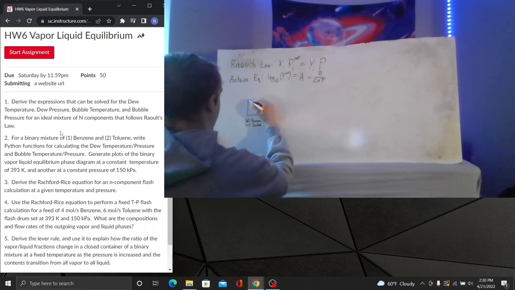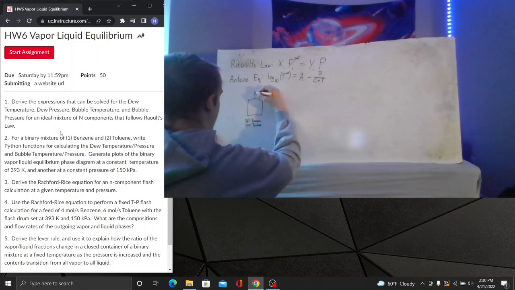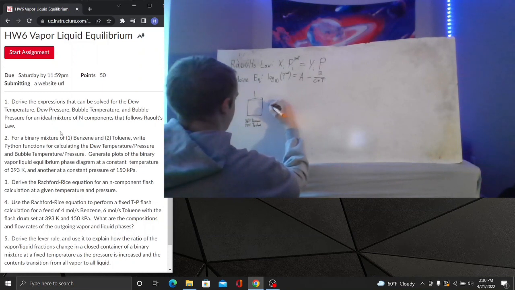And it will have a piston on top, like so. And it will be given to us at 323 degrees Kelvin.